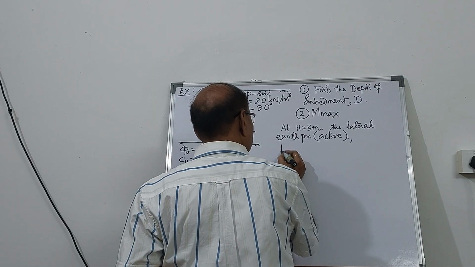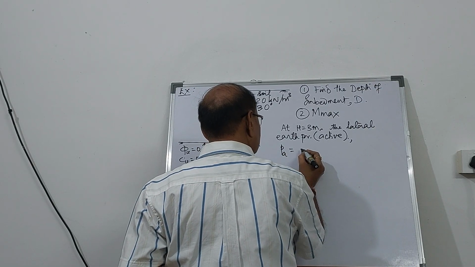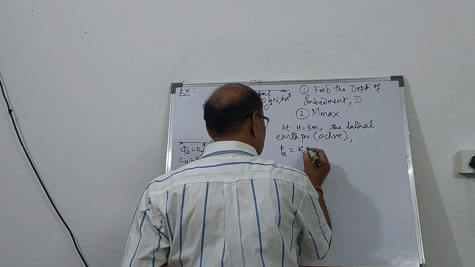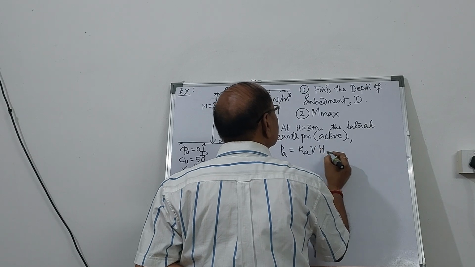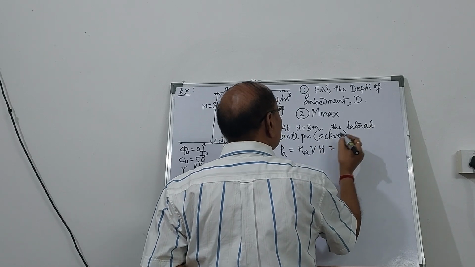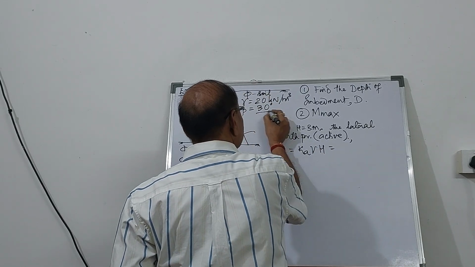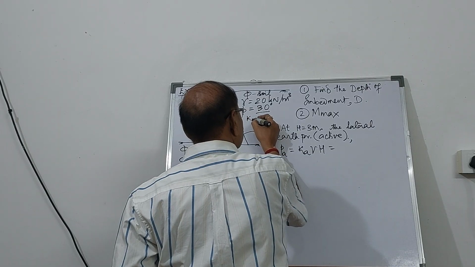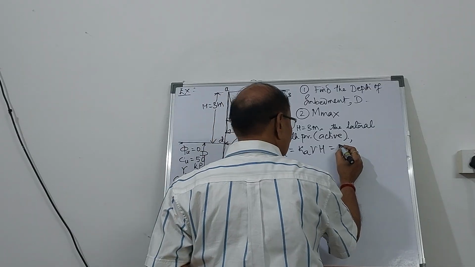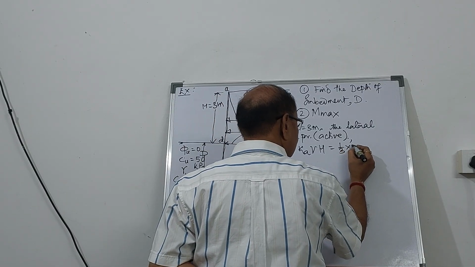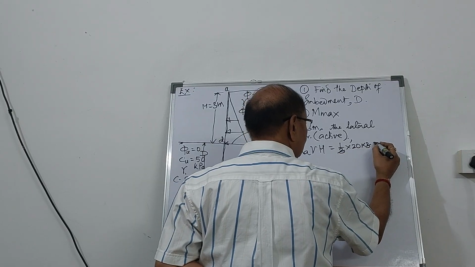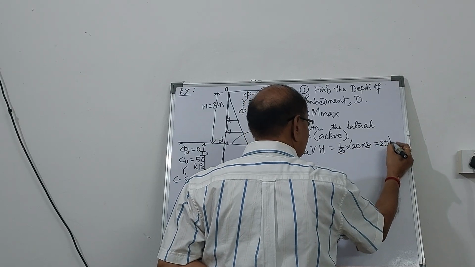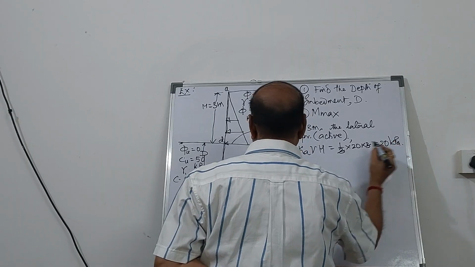So PA equal to K into gamma into H, and K for phi equal to 30 degree will be 1 by 3. So it becomes 1 by 3 into 20 into 3. So this 3 goes out. This becomes 20 kilopascal.